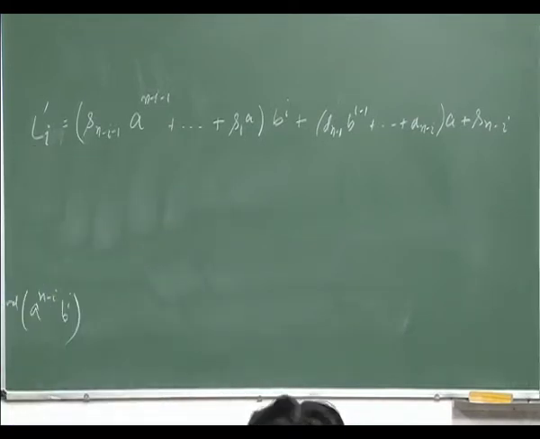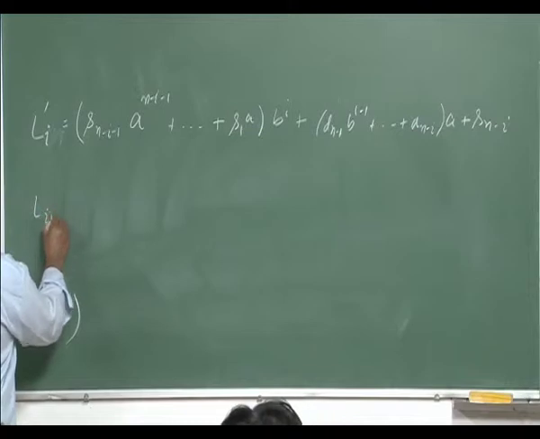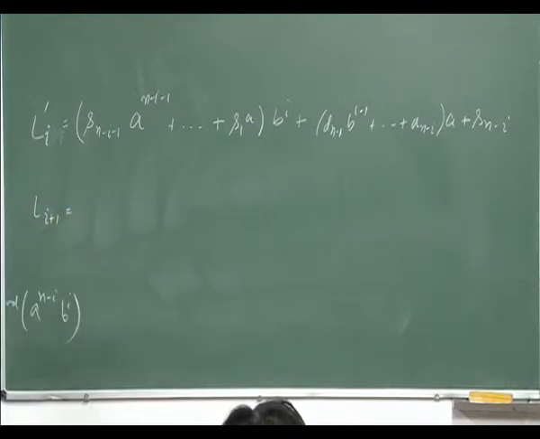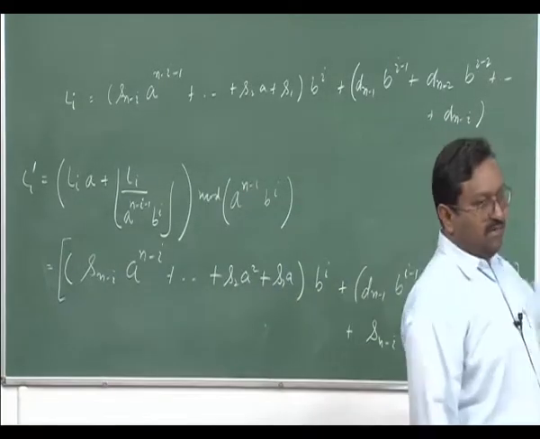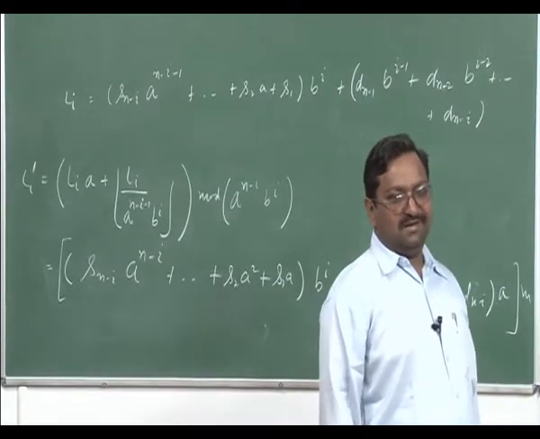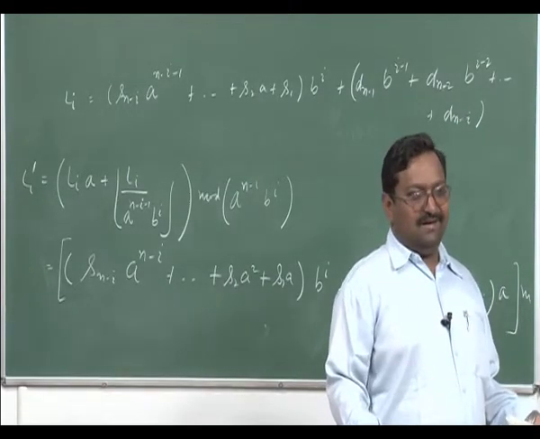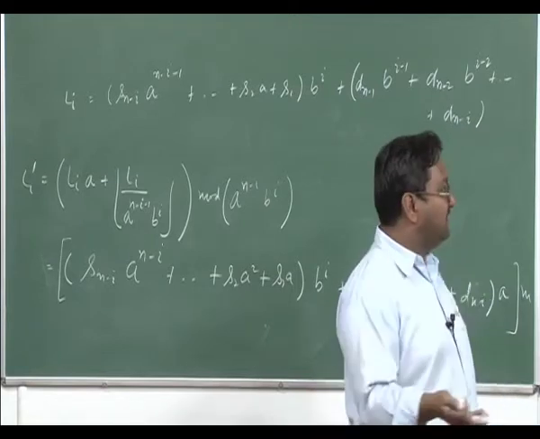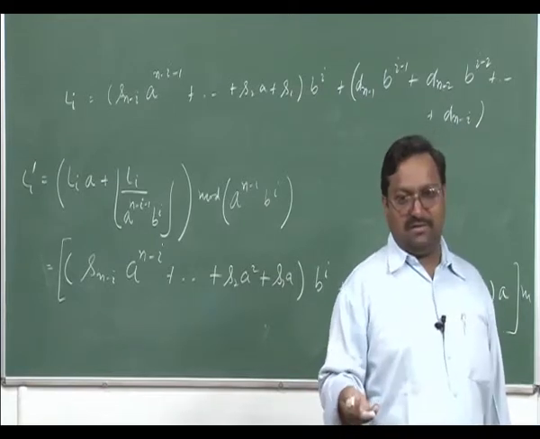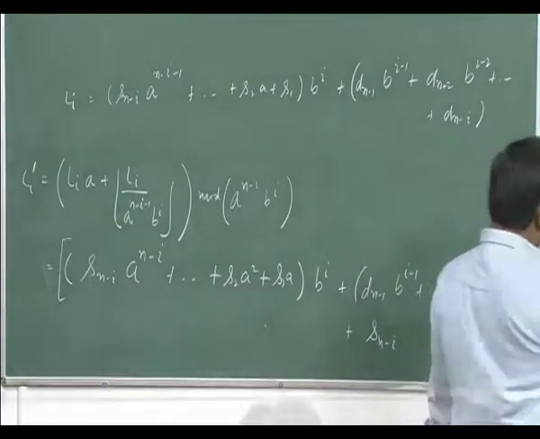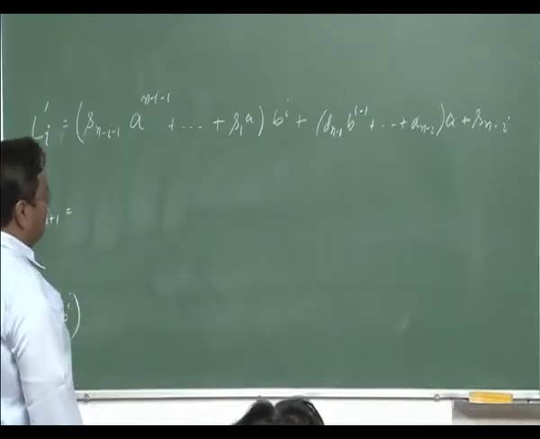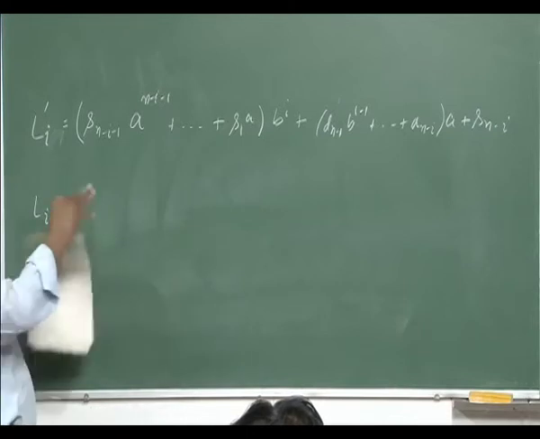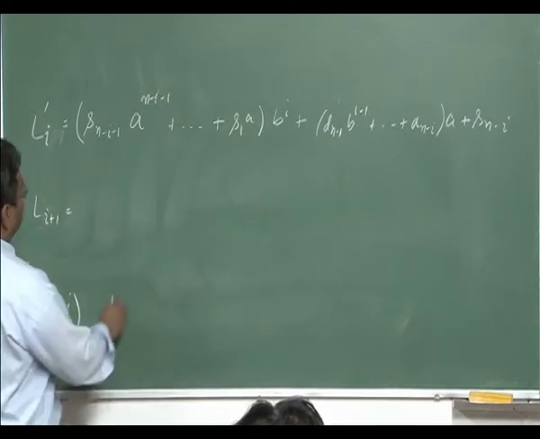So, Li+1, you can again use the same formula: you divide by a, take the floor function, plus whatever is the next digit, which is d raised to power n minus I minus 1 now. So, n minus the whole bracket of I minus 1, that is what it will be.